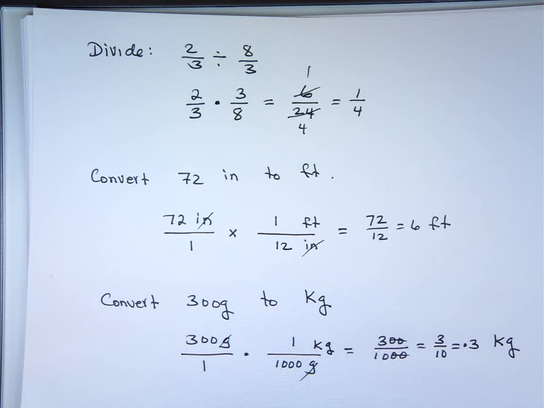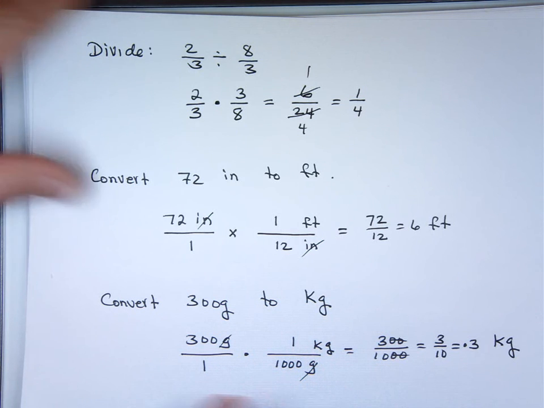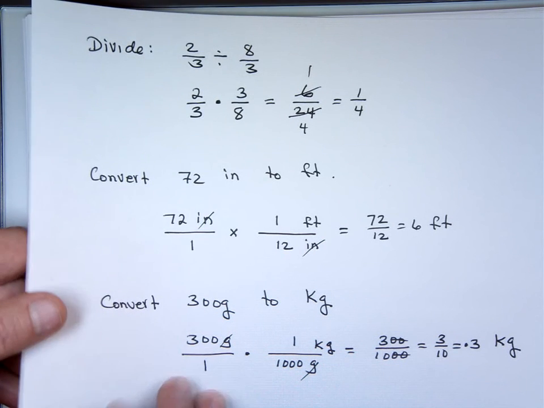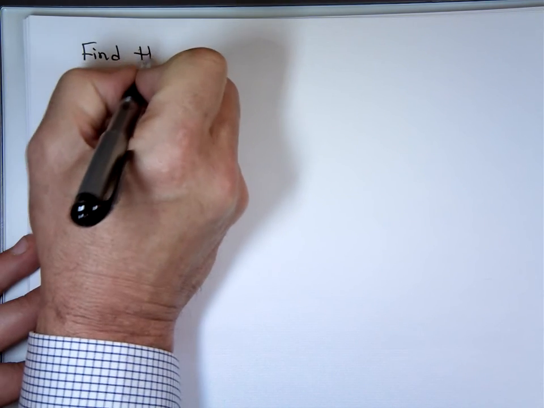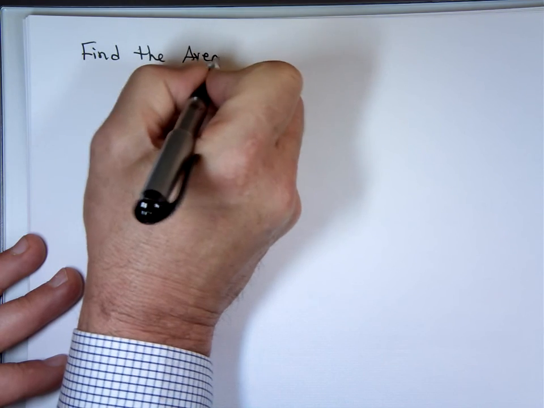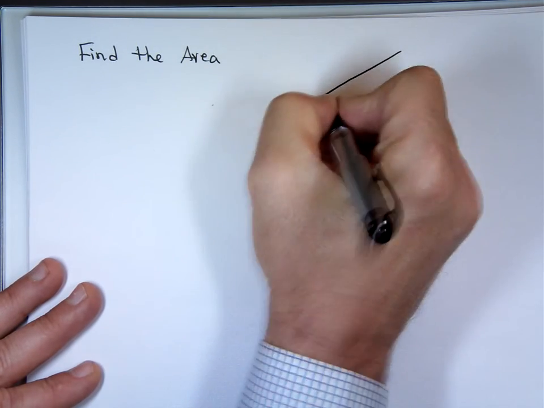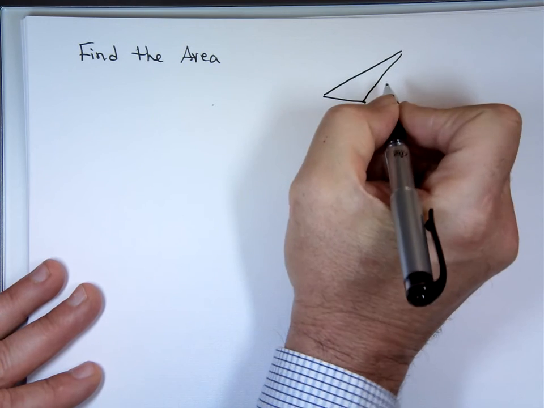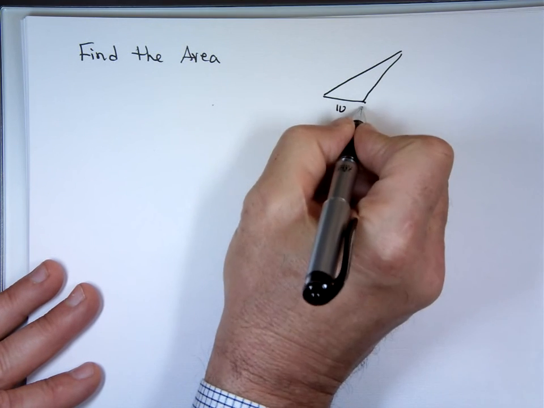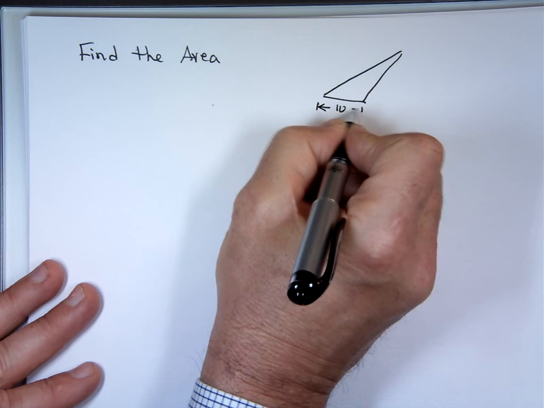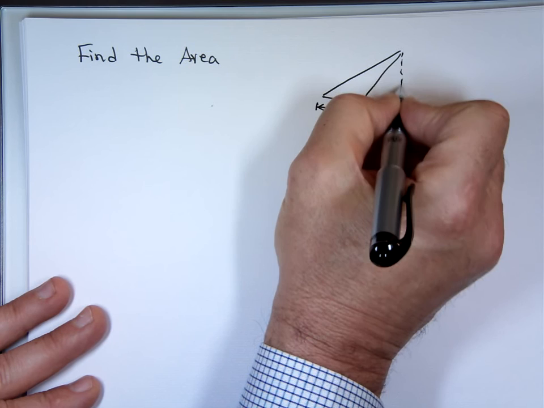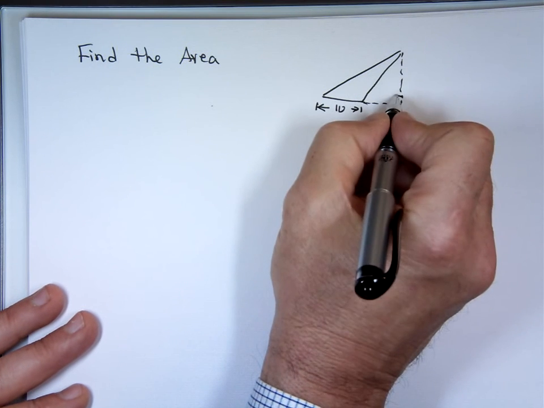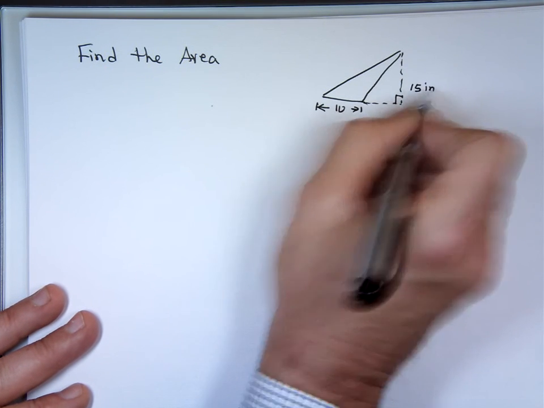The last one now. Find the area. What we have is this triangle where this is 10 inches from here to here. And the height here is 15. So the triangle is this one. Find the area of this triangle.